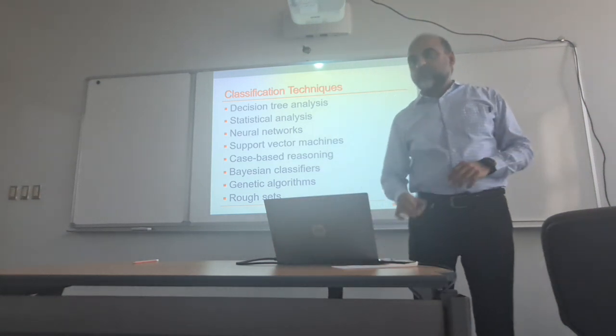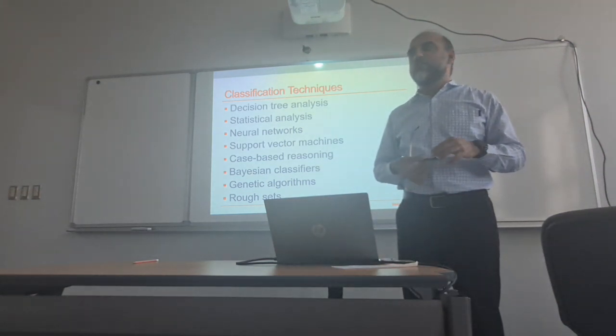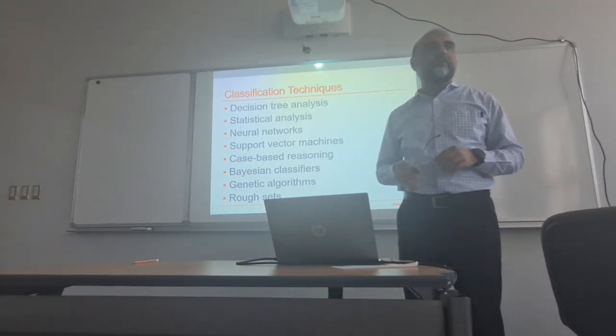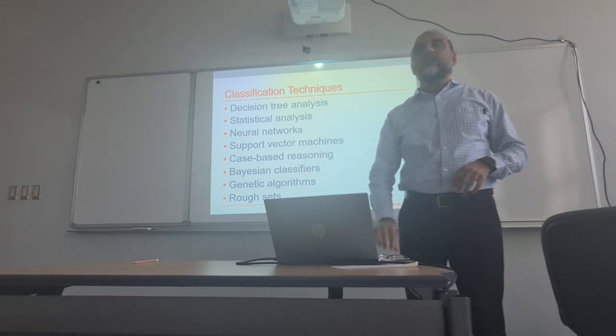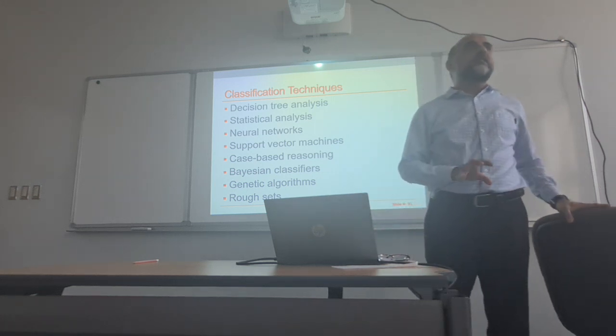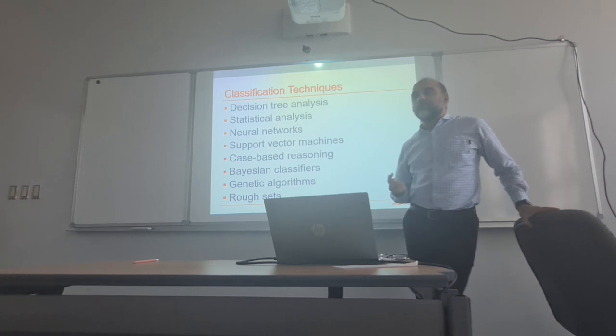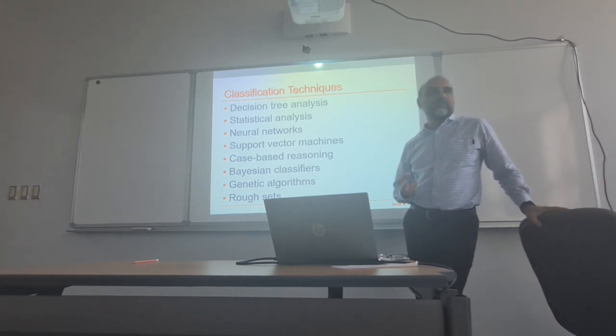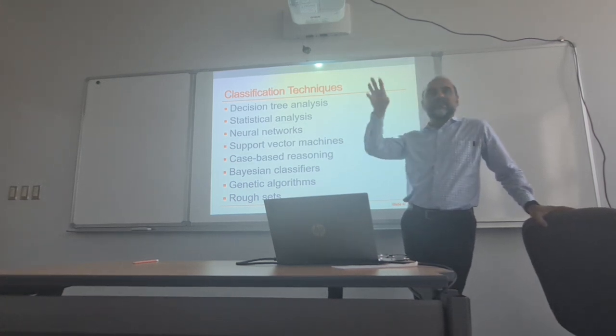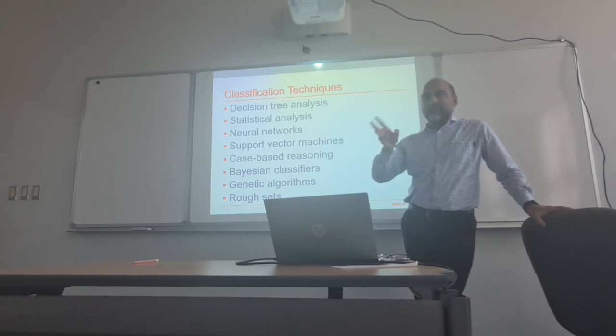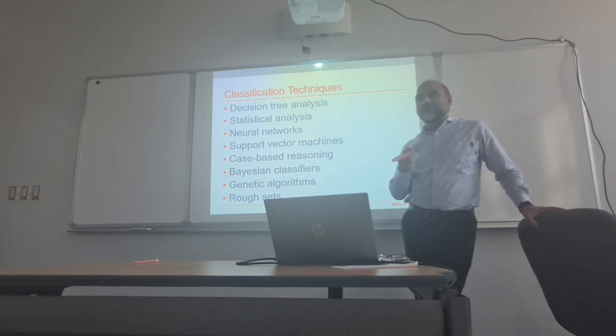Okay. Now classification. You all now understand what classification is. Yes. Now we never mentioned that classification is a problem, not an algorithm, not an approach. Classification simply means create classes and predict. But how is the question?